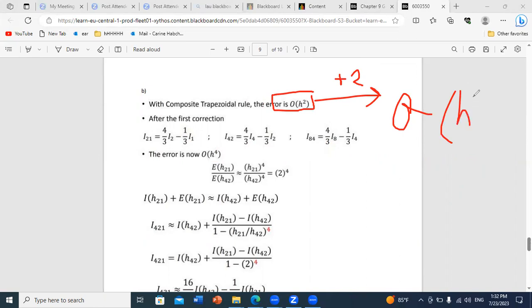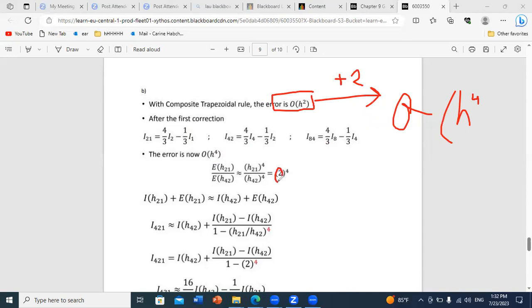And this is why the ratio of errors, if I consider error h21 over error h42, is approximately equal to the ratio of h to the power 4. And we know that we are doubling the number of segments, so the ratio of h is 2.